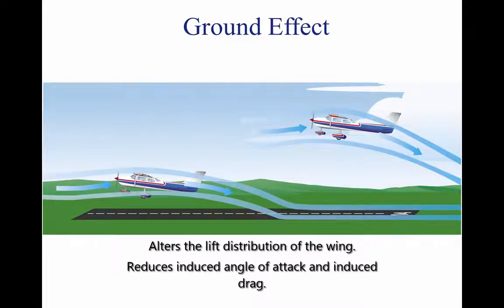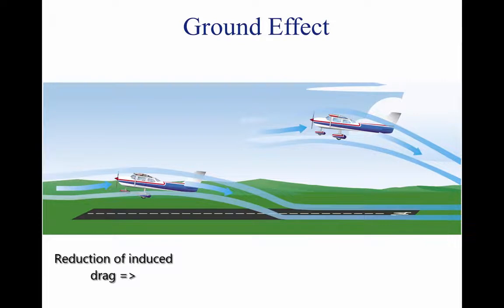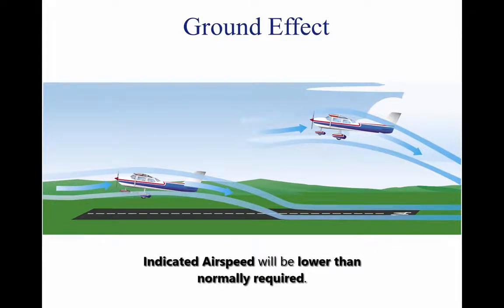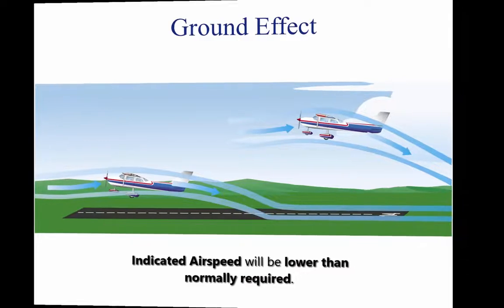Therefore, the wing will require a lower angle of attack in ground effect to produce the same lift. The reduction of induced drag due to ground effect means that less power is required to fly at a certain speed. Most of the time, ground effect will produce a higher pressure at the static source, and the indicated airspeed will be lower than normally required.